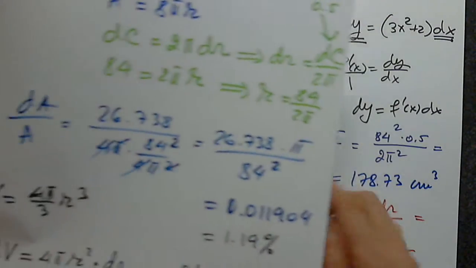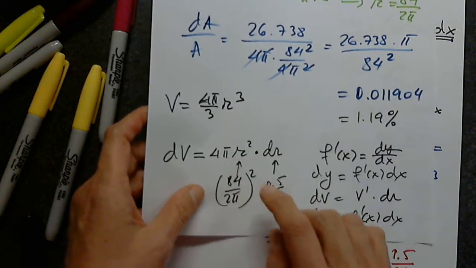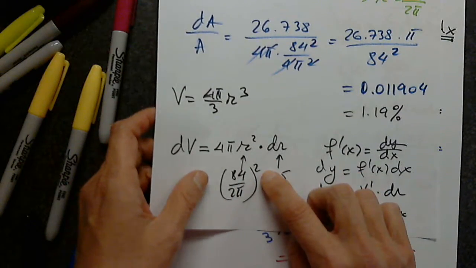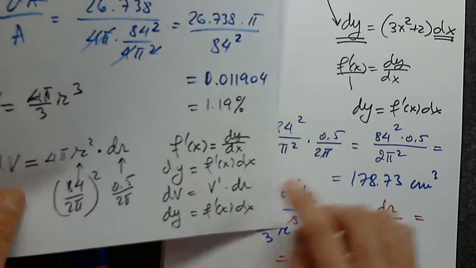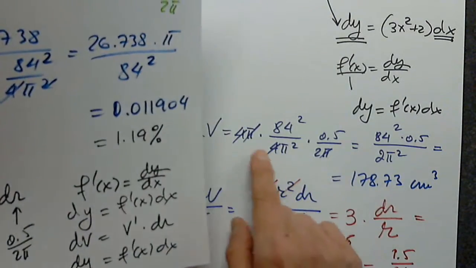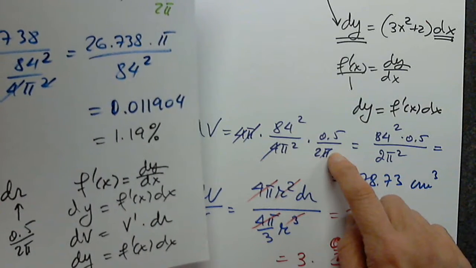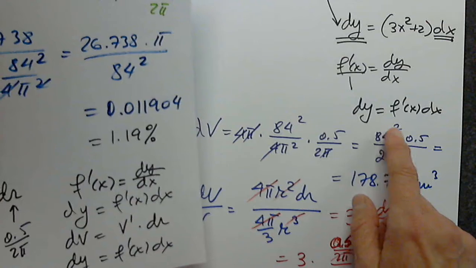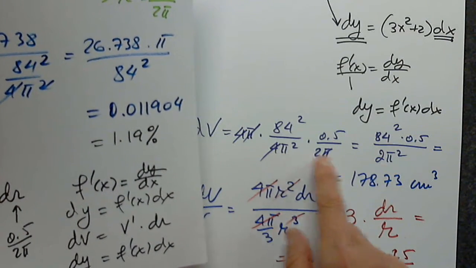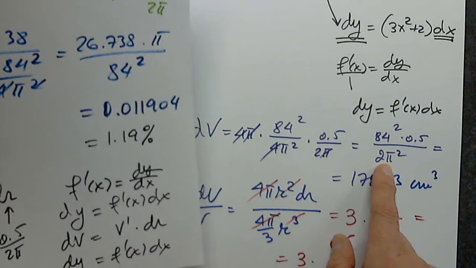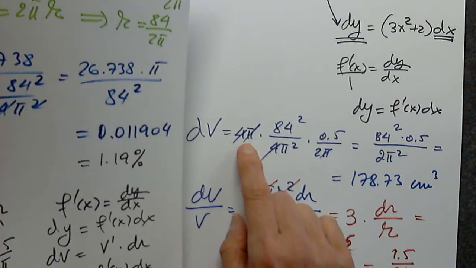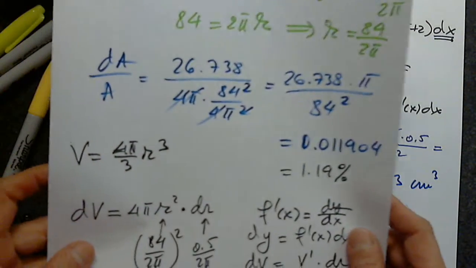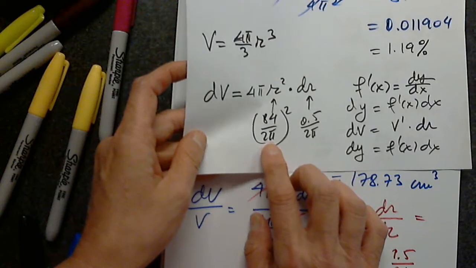So this was 84 over 2 pi squared. So 84 squared over 4 pi squared. And then 0.5 divided by 2 pi. So 4 with 4 went away. This pi with this pi went away. So I have 84 squared times 0.5 divided by 2 times pi squared. Was that the question or not? I guess I'm still confused how the 4 is coming in. 2 squared. Oh. Okay. Got it. You mean this one in the denominator? Yeah. Okay, got it. That's okay.